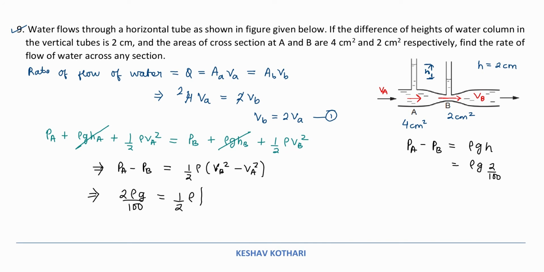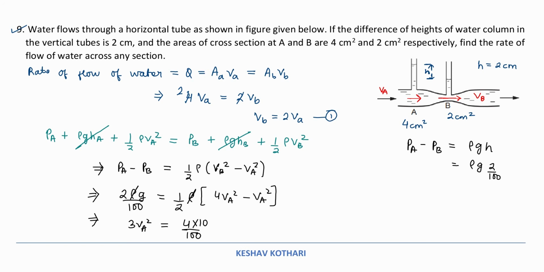Now VB is equal to 2 times VA, so VB square is 4 times VA square, minus VA square, so it will become thrice of VA square. So I can cancel this rho out. The value of G can be taken as 10 over here. So I can write over here that 3 VA square is equal to 4 into 10 by 100.